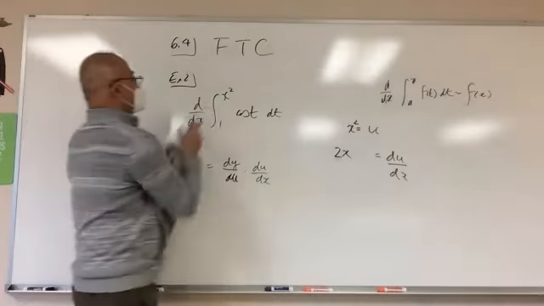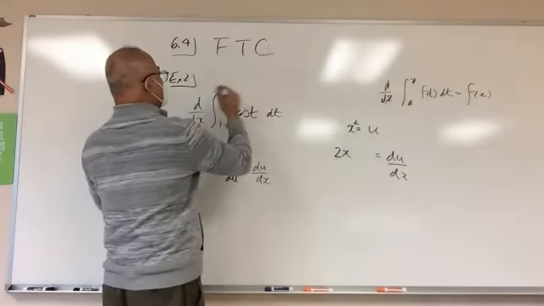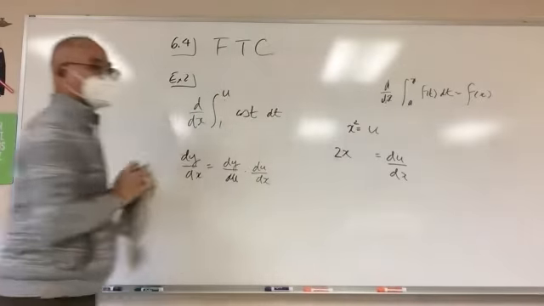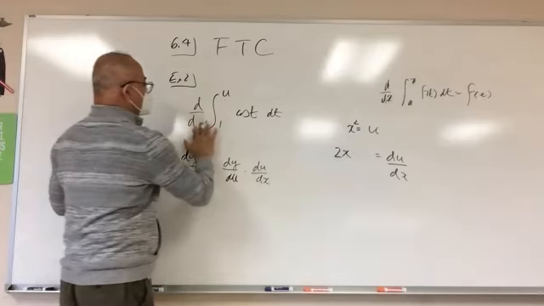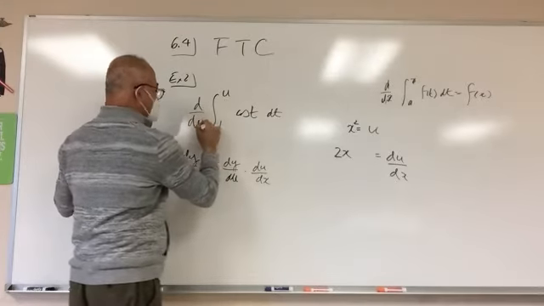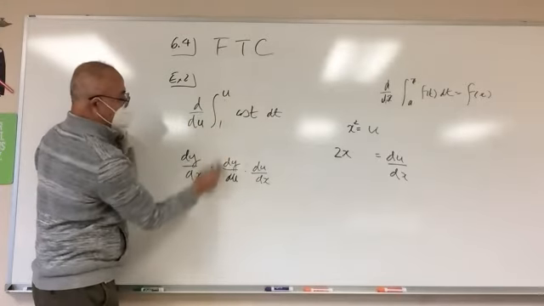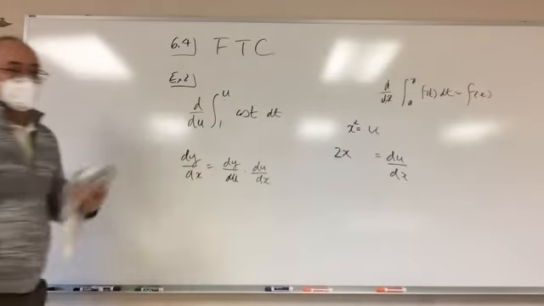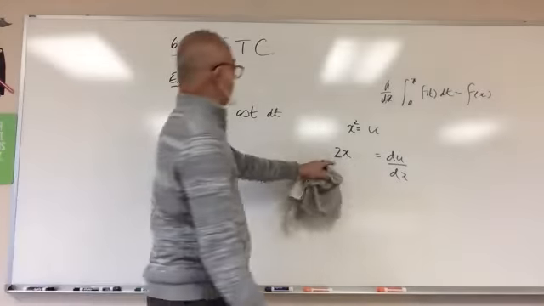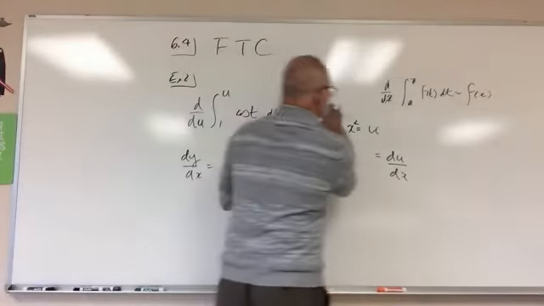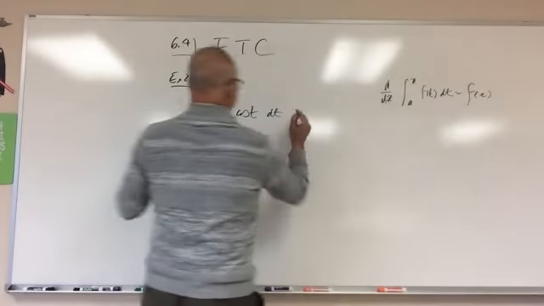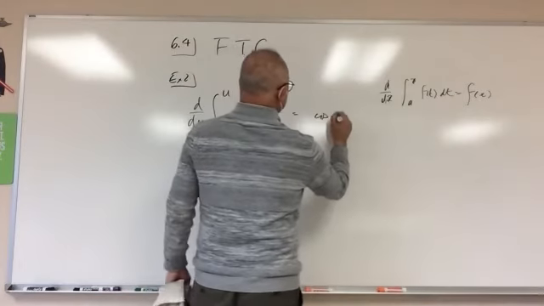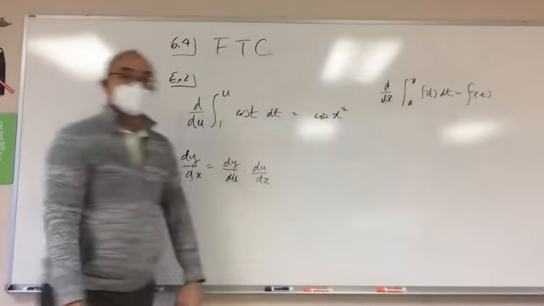So if I go ahead and change this to u, then I get dy/du, and then I have to multiply it by du/dx, which is 2x. So what I would have found was cosine x squared, right?